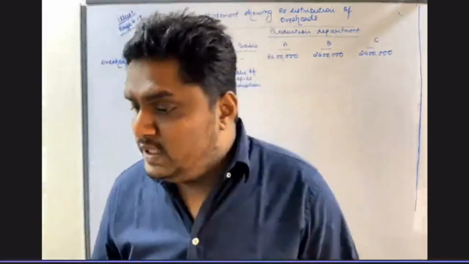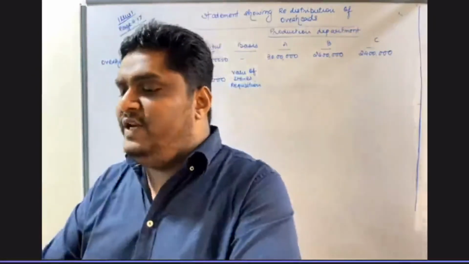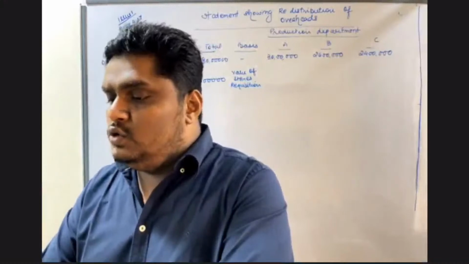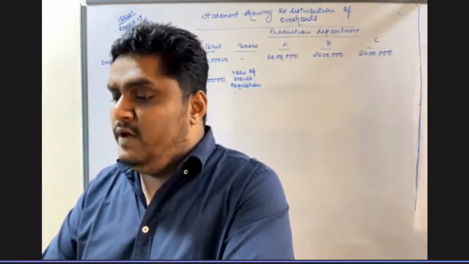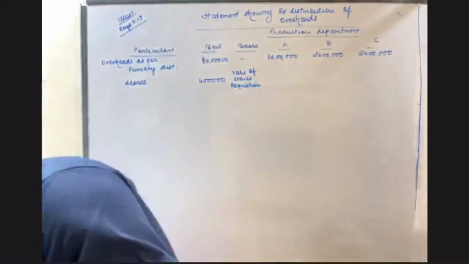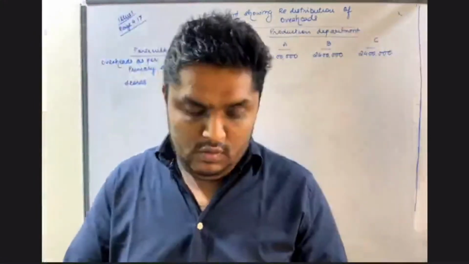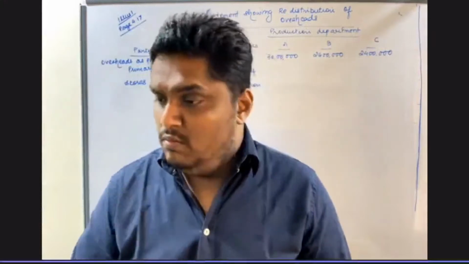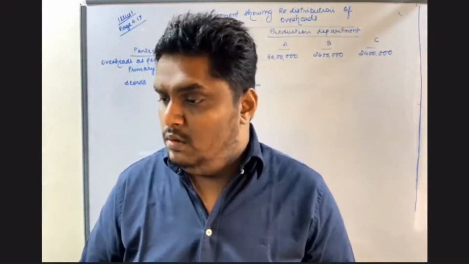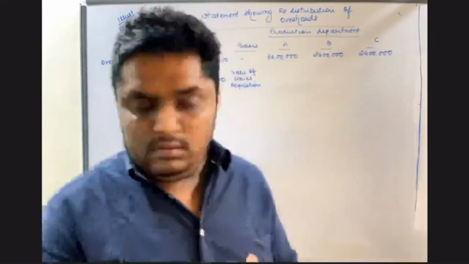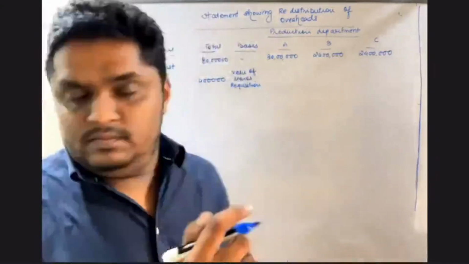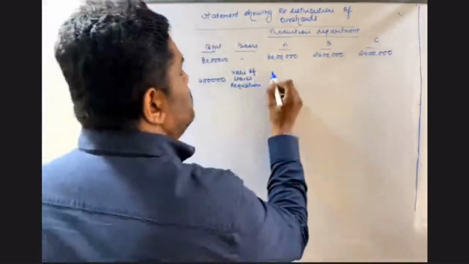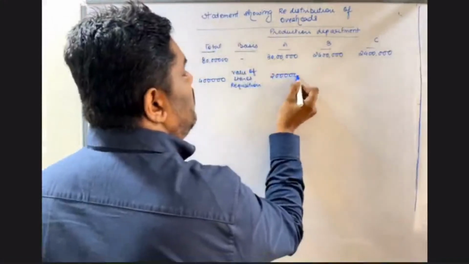So here the stores requisition value is 2 lakh 50, 150 and 1. So 2 plus 1, 3, 4, 5. 5 lakh. So this will be 2 lakh.